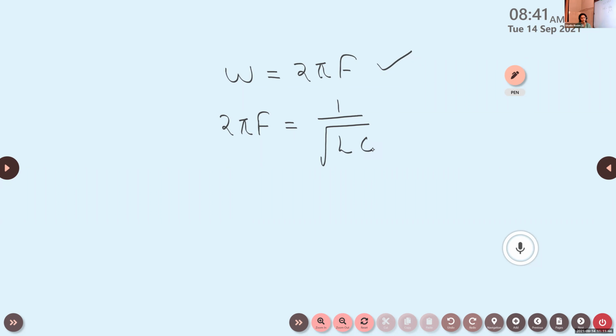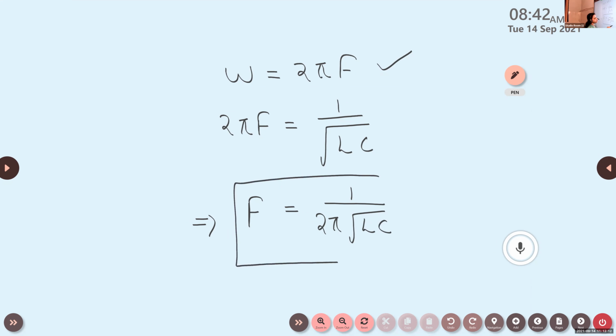2 pi f is equal to 1 by root LC, which implies f is equal to 1 by 2 pi into root LC.